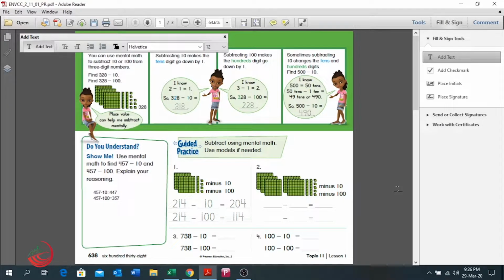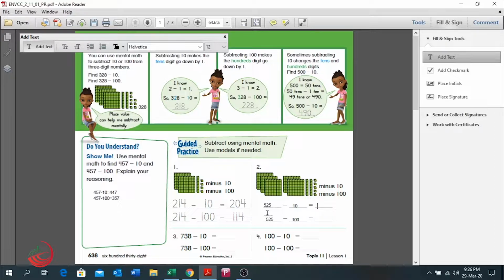How many blocks do we have here? We have 525, right? Okay, so 525. We're going to write the same number here, 525. We're going to do it once, minus 10. Another time, minus 100. Okay? 525 minus 10.